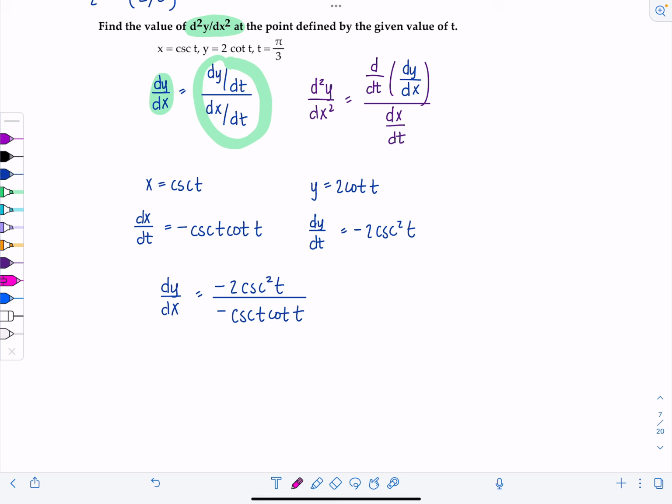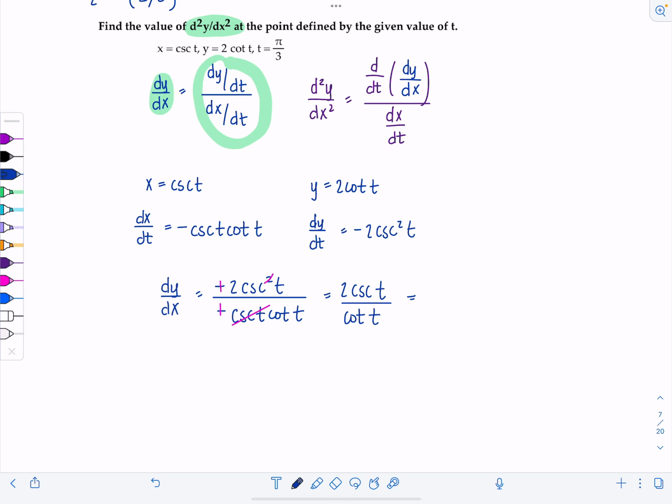Okay, good. So the negatives cancel. This cosecant cancels with 1 in the numerator. So now I have 2 cosecant t over cotangent t. And I would say always try to clean it up as much as possible, because we're going to need another derivative, right? So if I can get this clean enough that I don't have to do a quotient rule, whew, I'm in good shape.